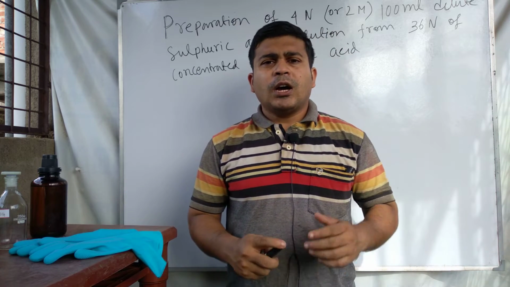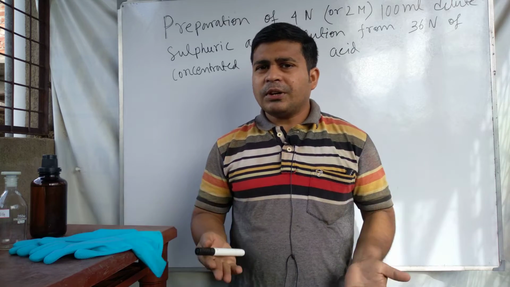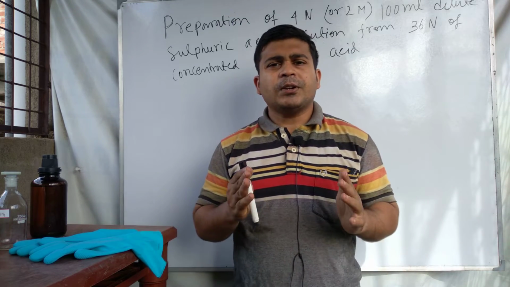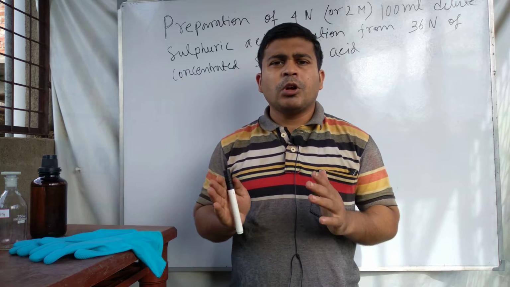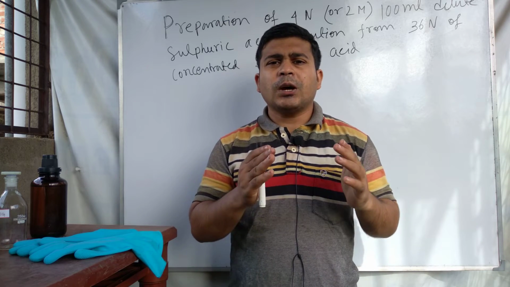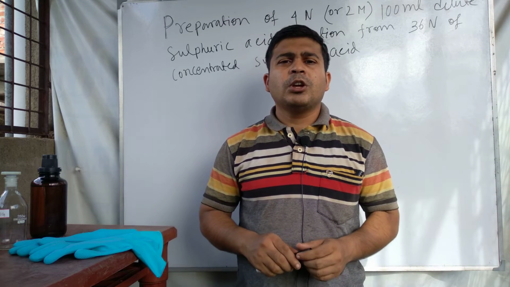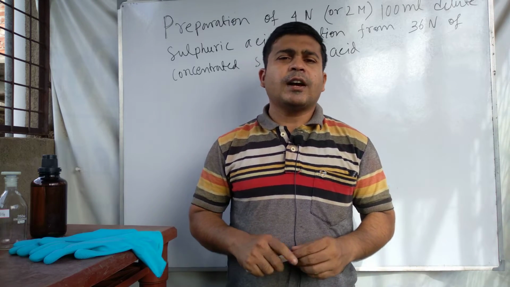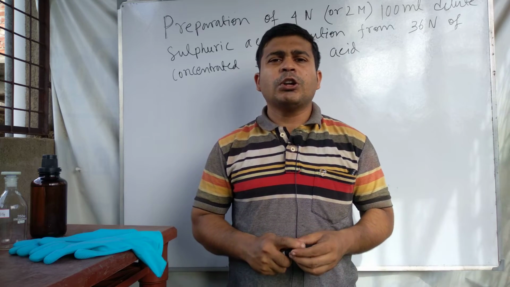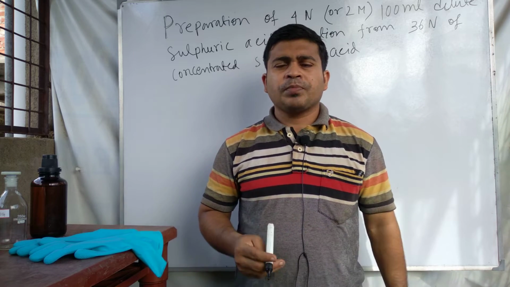Now, in the first part of this video, I discuss that before making the dilute sulfuric acid solution, we need to calculate how much concentrated acid is required to make it.